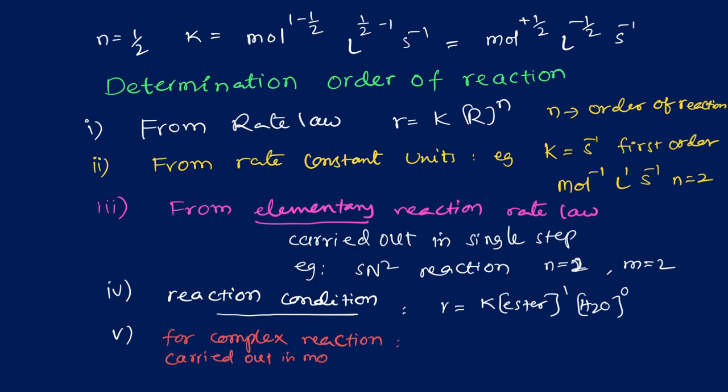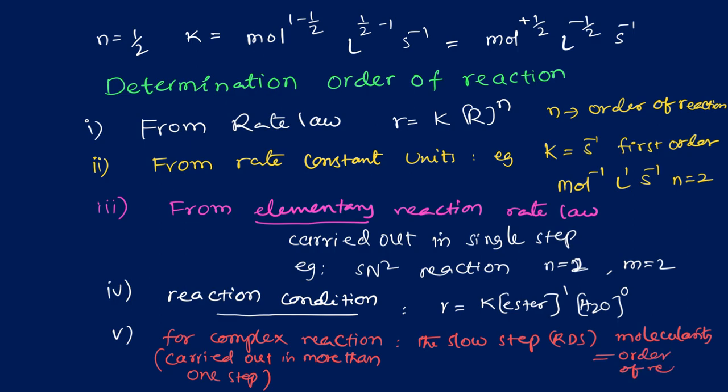So for complex reaction, order is the slow step. The slow step means that is called rate determining step. Molecularity is equal to order of reaction.